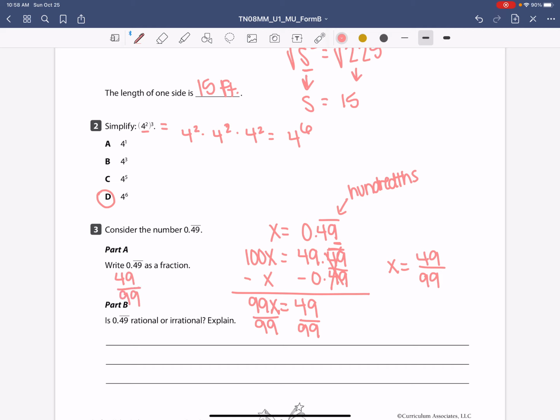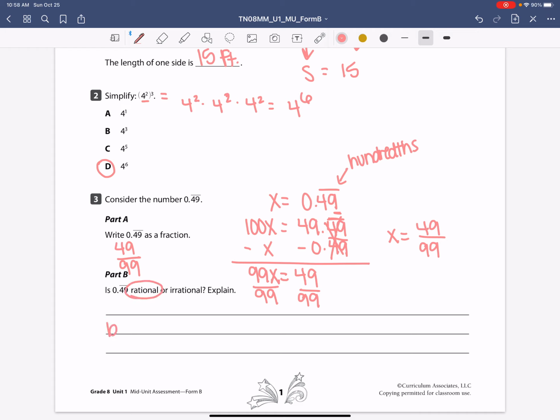Part B says, is 0.49 repeating rational or irrational? And it's obviously rational because 0.49 repeating can be written as a ratio of 2 integers.